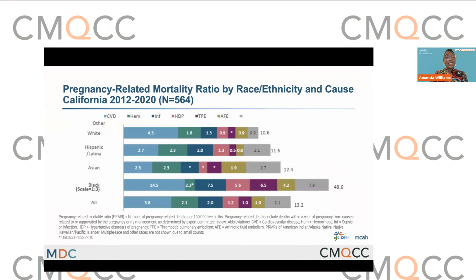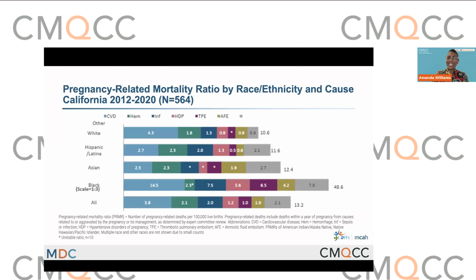And then this slide from CDPH reminds us of the different causes of death by different races and ethnicities. The other thing that it reminds us, and it makes my hair stand on end every time, is that this scale number here of 1 to 3 for Black birthing people, there's so much death of Black mothers in California that it doesn't even fit on the slide.